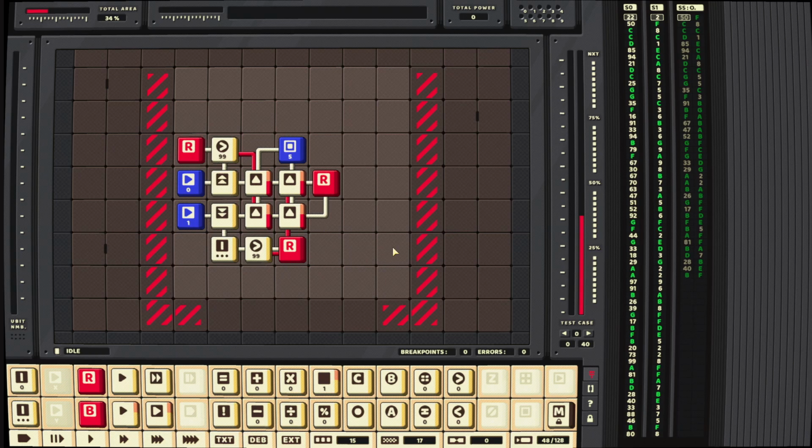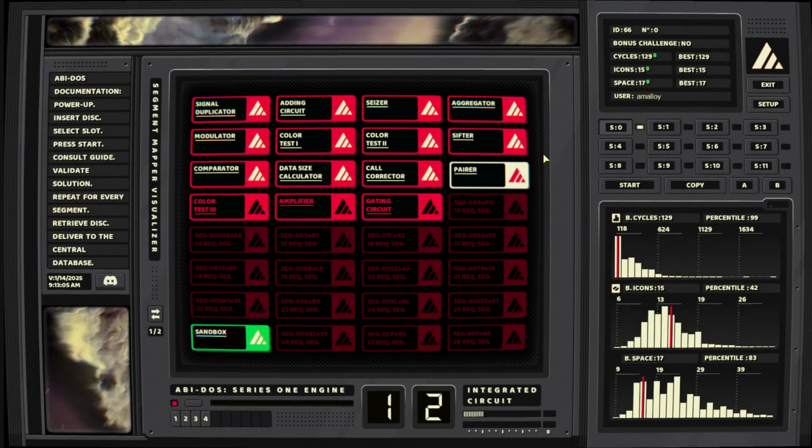So I think we could do this with 4 fewer icons, probably. If each bit just had its own, like if these were just, yeah, in fact, oh, let's make this a separate solution though.